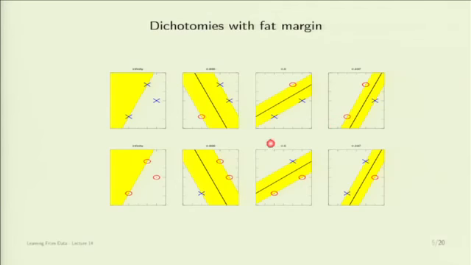So effectively, by requiring the margin to be at least something, I am putting a restriction on the growth function. Fat margins imply fewer dichotomies possible. And therefore, if we manage to separate the points with a fat dichotomy, we can say that fat dichotomies have a smaller VC dimension, smaller growth function than if I didn't restrict them at all.